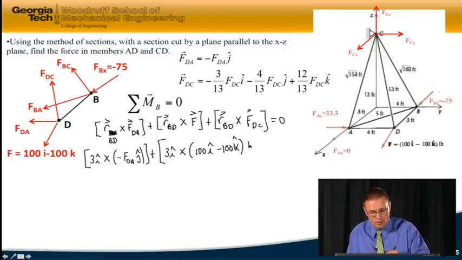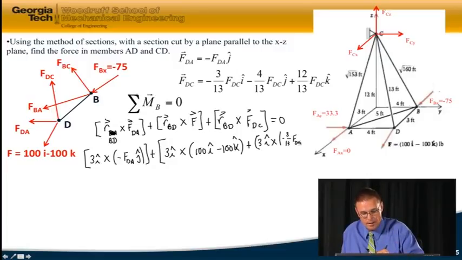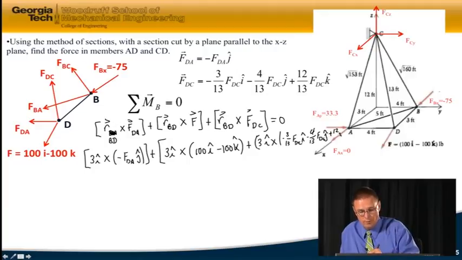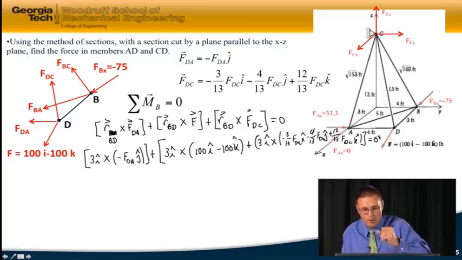And then I have plus RBD, which is 3I, crossed with FDC, which is minus 3/13 FDC I, minus 4/13 FDC J, and then plus 12/13 FDC K. I'm running a little bit out of room here, but hopefully you can follow along. And all of that has to equal 0.